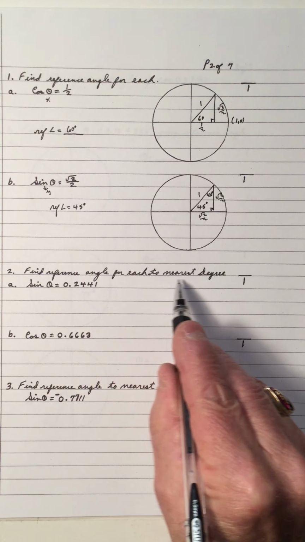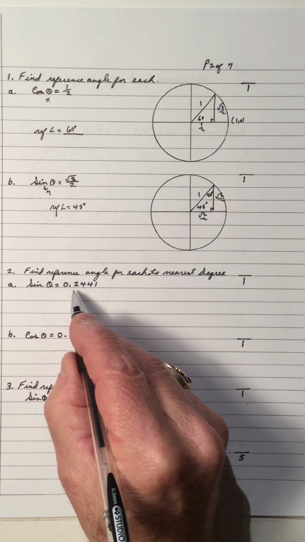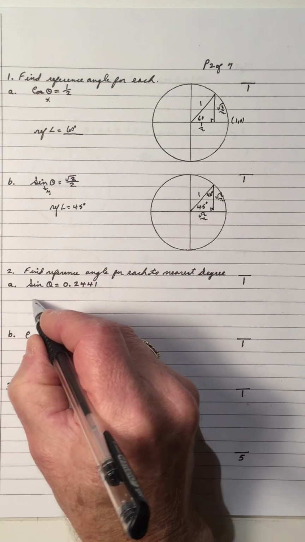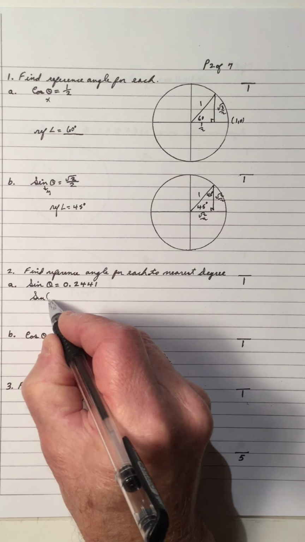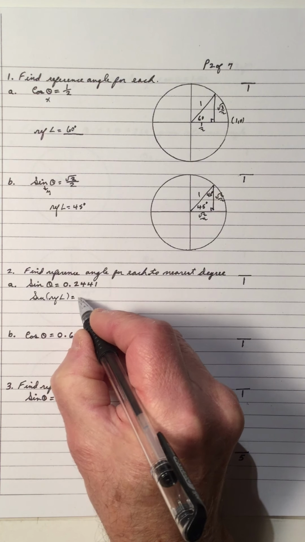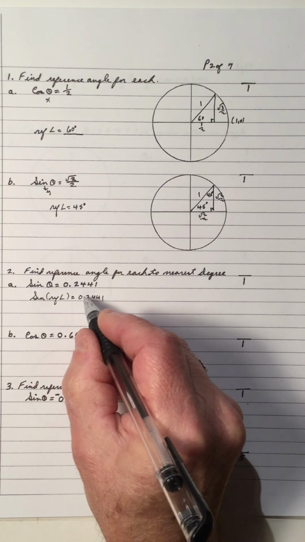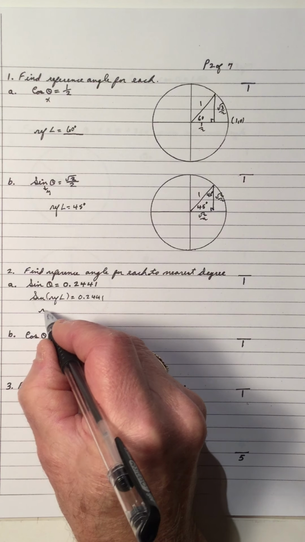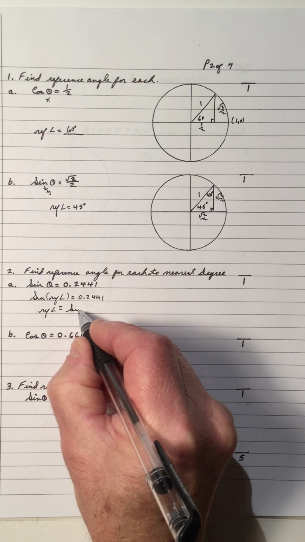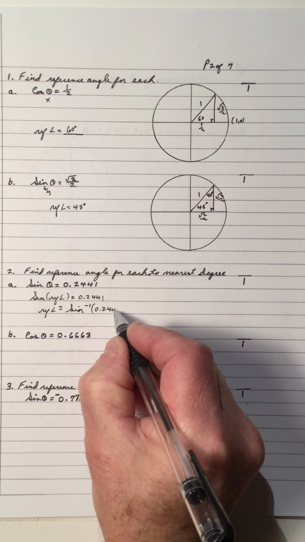Find a reference angle for each to the nearest degree. Sine theta is decimal 0.2441. So the sine of the reference angle is 0.2441, and that means the reference angle is equal to sine to the -1 of 0.2441.